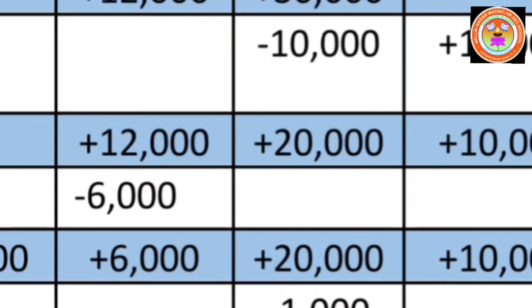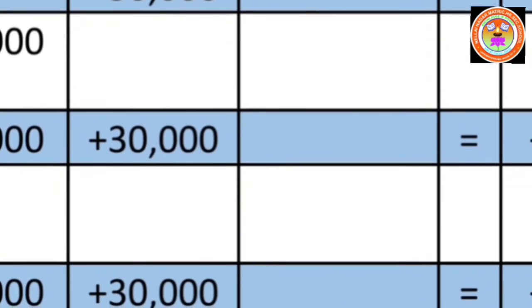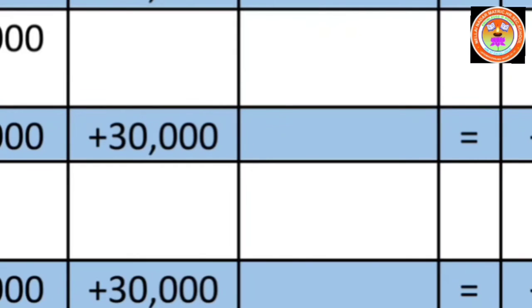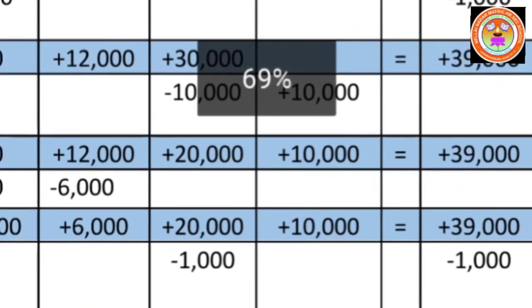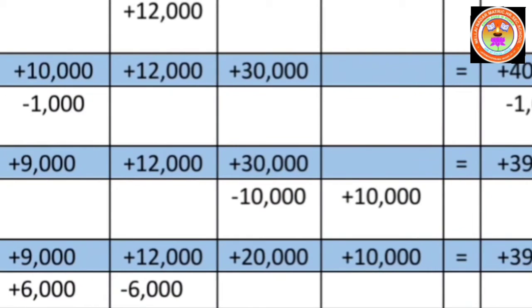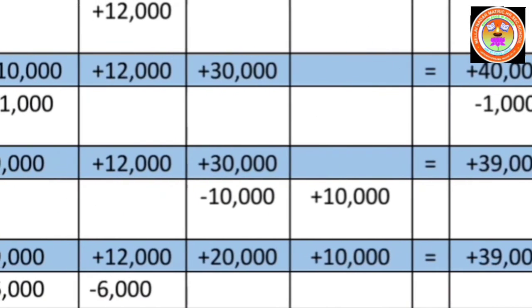But for the furniture, Raj purchased furniture. That is a kind of movable asset. So we should add furniture under our assets column. Already you have allotted one more column for furniture. Only 10,000, plus 10,000. 10,000 is recorded in two places.